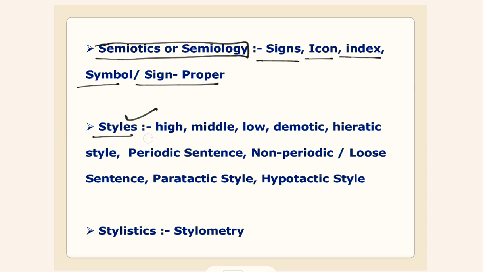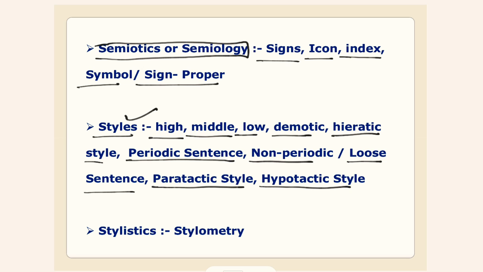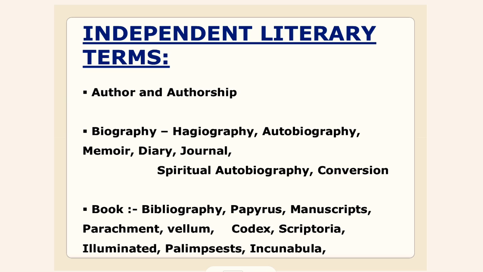Next is styles: high style, middle style, low style, demotic style, hieratic style, periodic sentence, non-periodic, loose sentence, paratactic style, hypotactic style, and stylistics, stylometry. Some independent terms are discussed in this book.